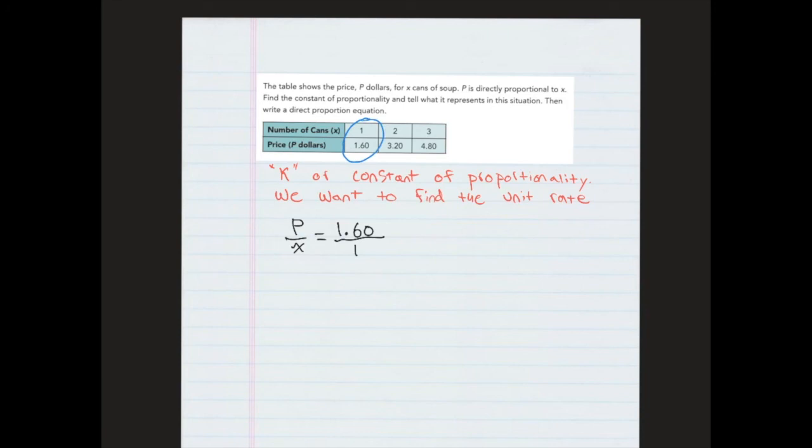Okay, and what that means is that for each can, which is the variable for x, you pay $1.60, which is the variable for p.